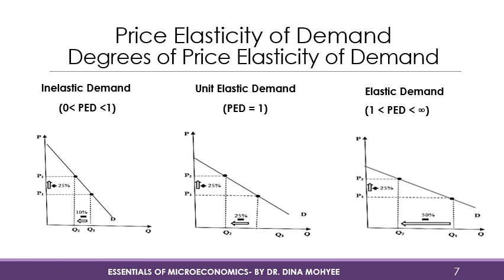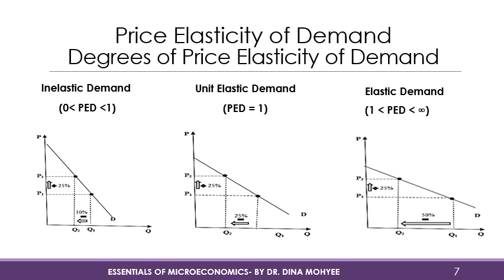For example, as we see in the left figure, a 25% rise in the price led to a 10% fall in the quantity demanded. In this case, the demand curve is a steep curve, and the curve gets steeper as the demand becomes highly inelastic.